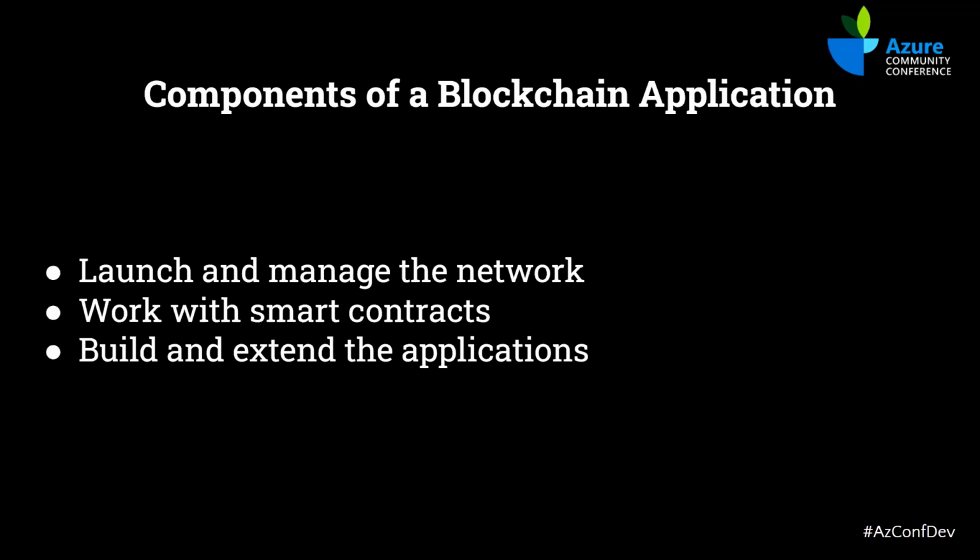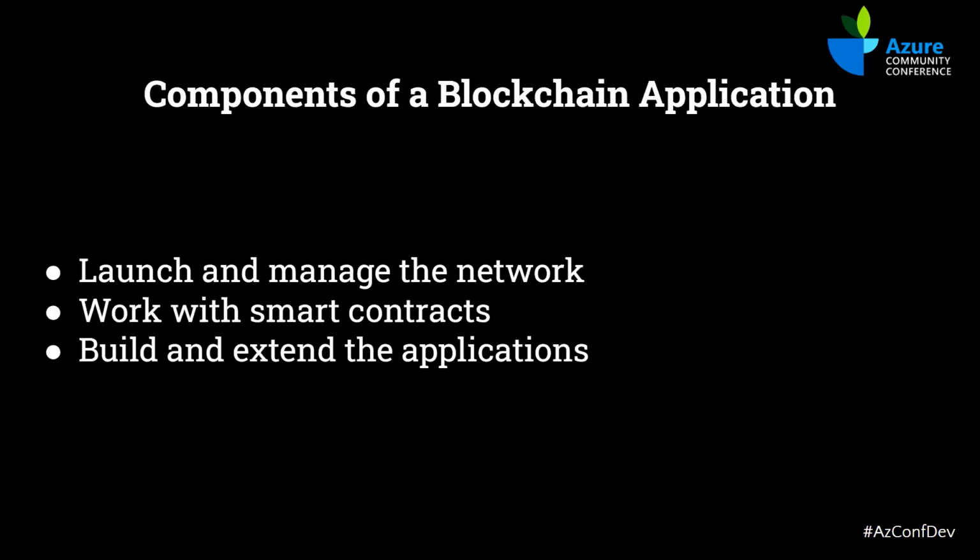The first one, of course, is the ability to launch and manage the entire network. The second one is working with smart contracts. So what do you need to do in an application? You need to codify your business logic and create an application out of that. Being able to write this business logic in blockchain is known as smart contracts.